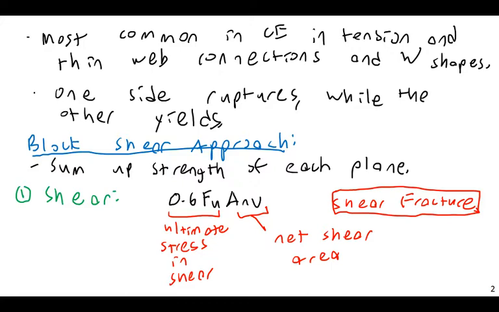Next, we'll also have to look at this in terms of yielding, because we can have both shear yielding or shear fracture. So the tension plane is essentially always going to be in fracture, but the shear plane can be in either fracture or yielding. I'm just going to go over the basics first, and then we'll look at how this is actually implemented in the code.